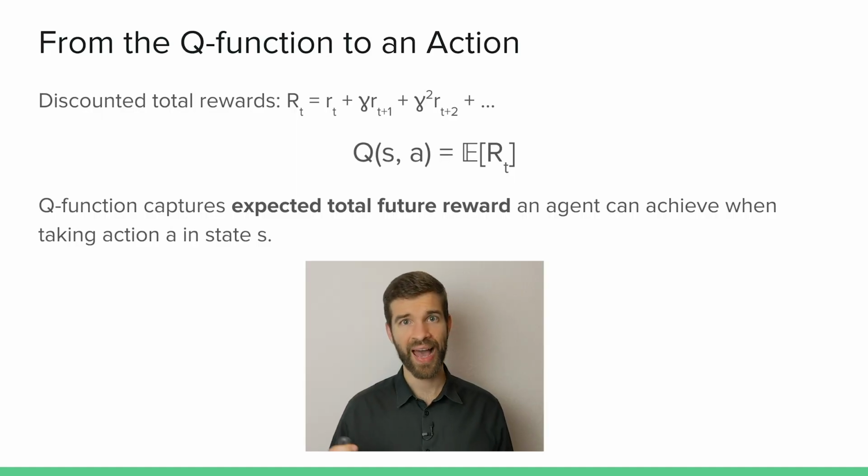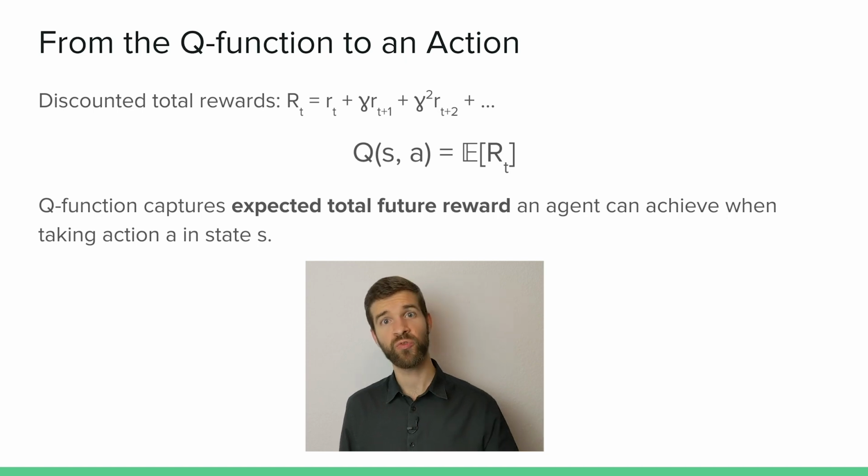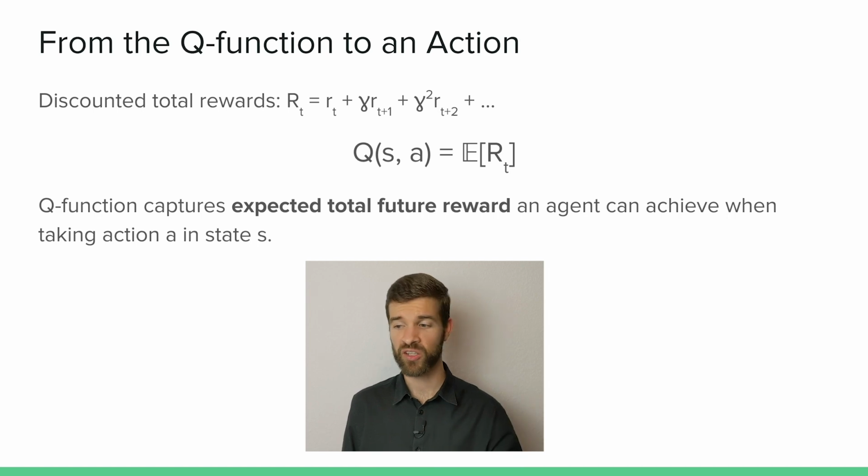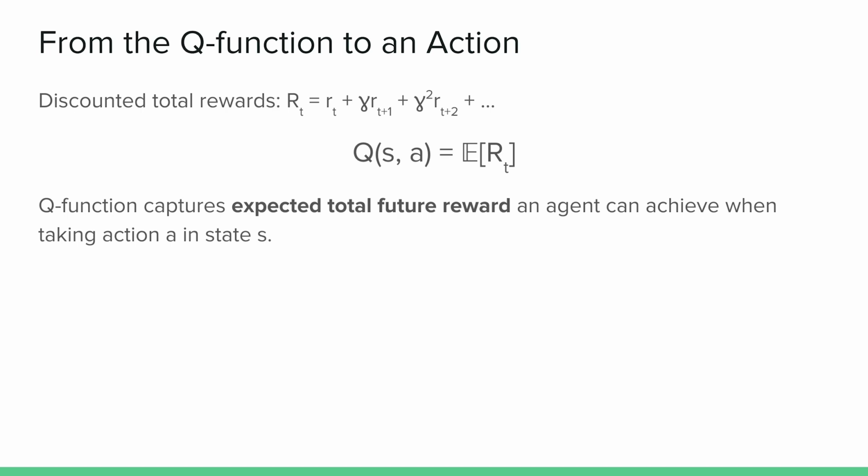If you can magically come up with a Q function for your problem, how would you get from that Q function, which says which action in the state gives the highest reward, to that action? Given the discounted total reward, the Q function captures the expected total future rewards an agent can achieve when taking an action A in state S. So it's the expectation of this total discounted reward.